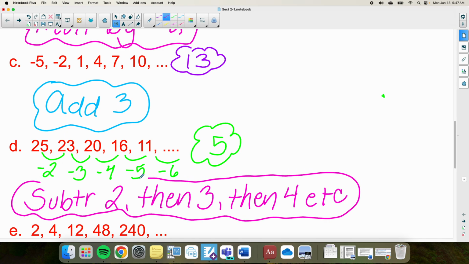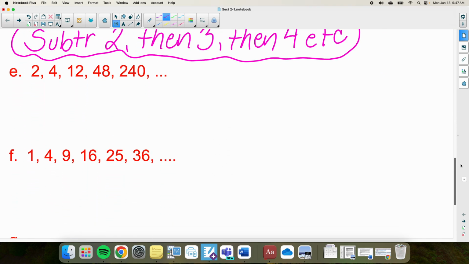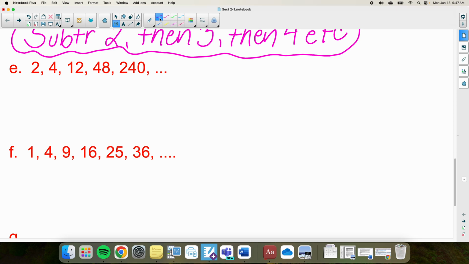Then if we look at our next one here, it's 2, 4, 12, 48, 240. Can you tell what's happening there? Multiply by 2, then multiply by 4. I mean, 3 and 4. Yes, exactly.